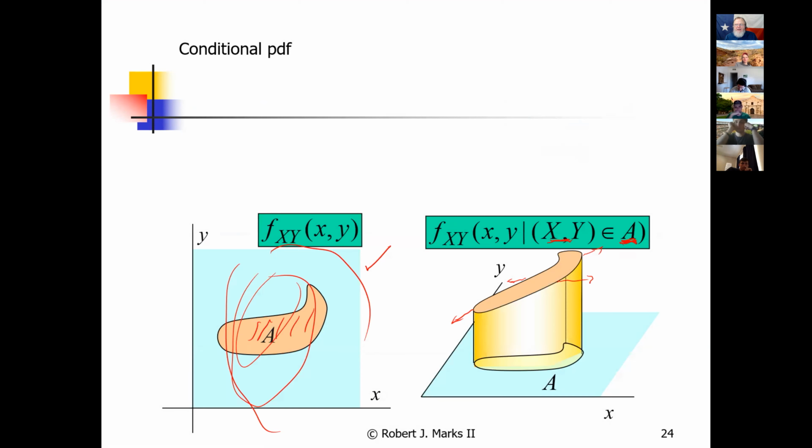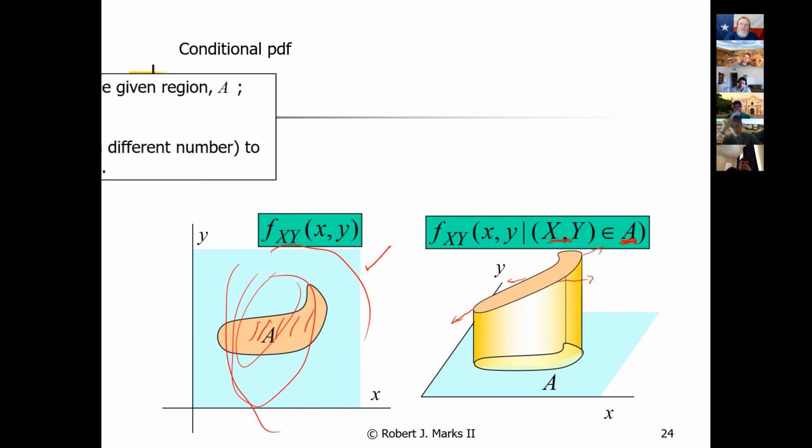Once we keep these values and keep the shape of the probability density function over that area, we no longer have an area of 1, do we? In order to make that a bona fide probability density function, we have to do something to that little slice over A to give it an area of 1. And that's exactly what we do.